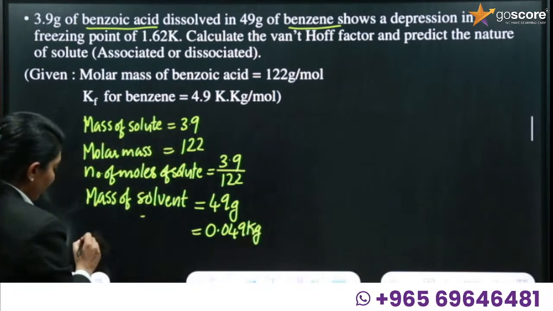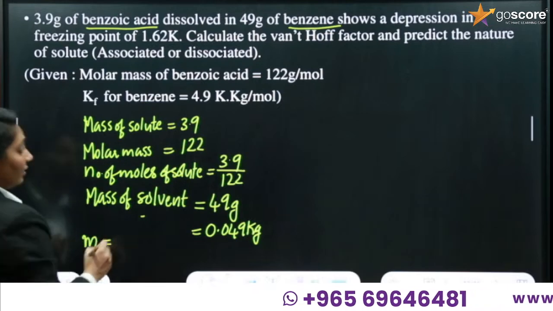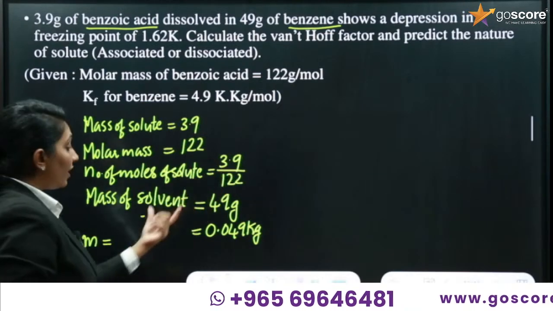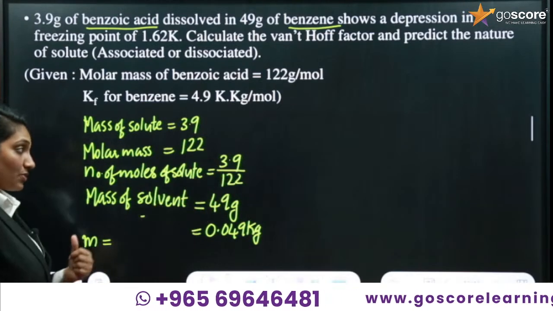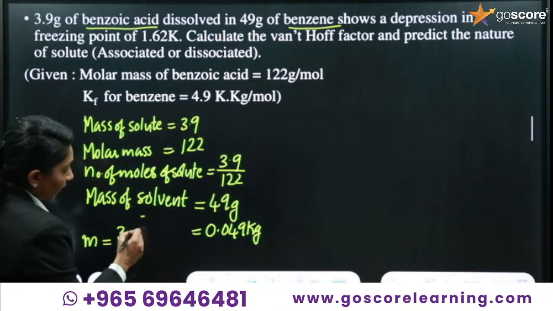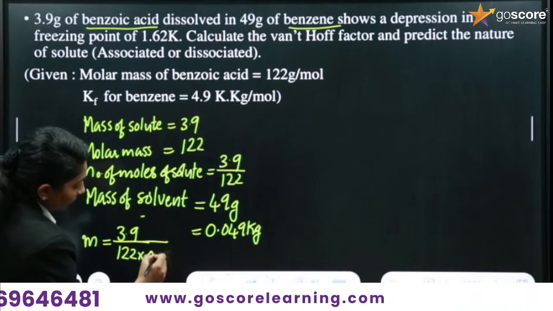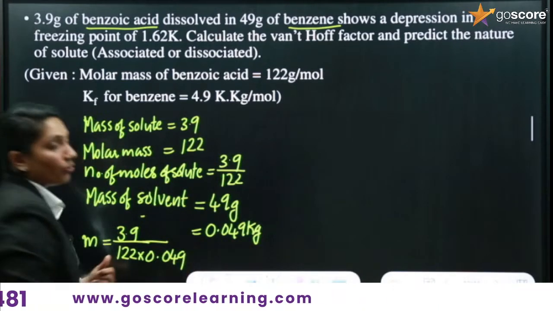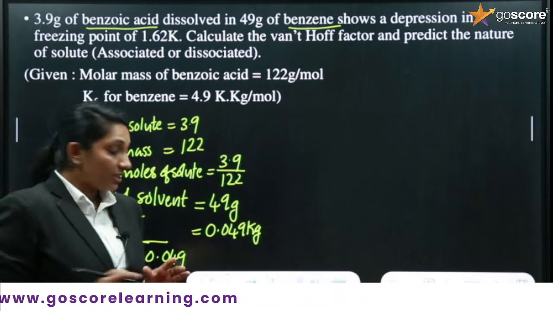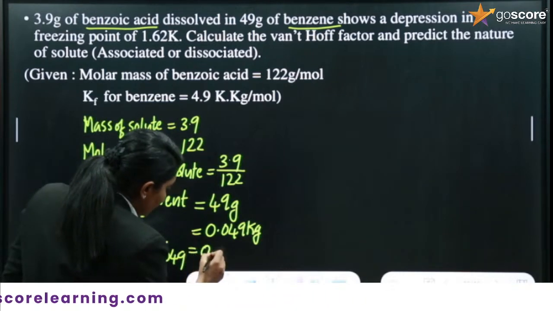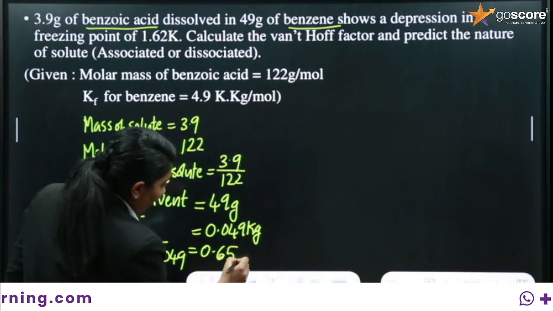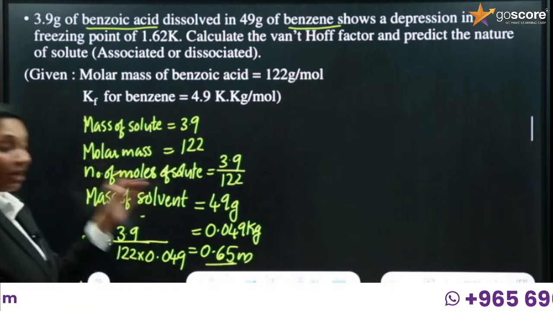So you can calculate the molality here. Number of moles of solute and the mass of solvent are given, so 3.9 upon 122 into 0.049. When you do this calculation, you will get the value 0.65 molal. That is the molality of the solution.